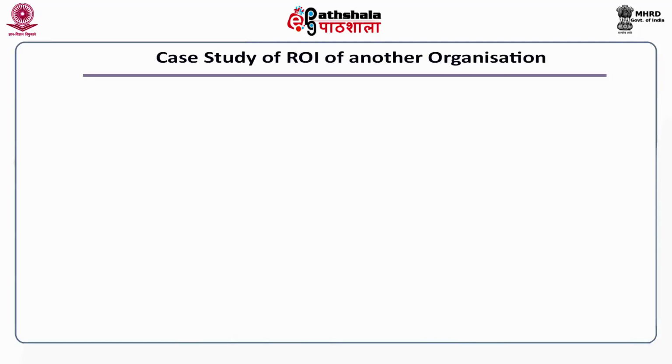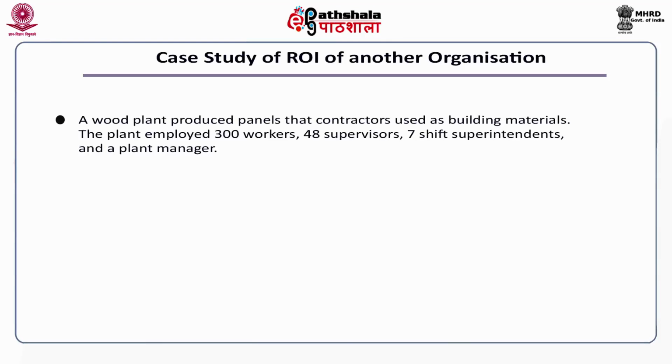Case study of ROI of an organization. A wood plant produced panels that contractors used as building materials. The plant employed 300 workers, 48 supervisors, 7 shift superintendents and 1 plant manager. The business had 3 problems.